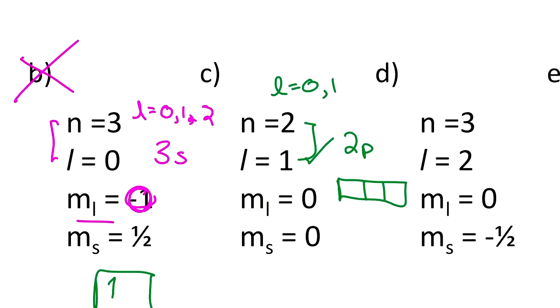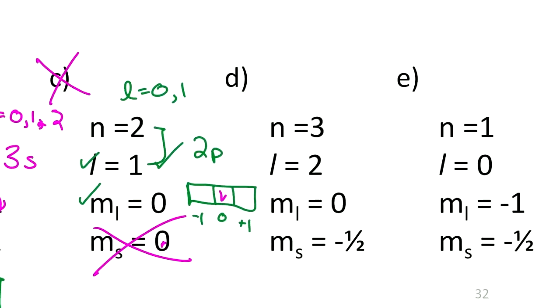Yes, it's going to be the middle one. So those are okay. Can I have a spin of 0? No, the electron that I place has to be spin up or spin down, so I can't have a spin of 0. That one is incorrect because of the spin. I could make it right by making this a positive 1/2 or negative 1/2.